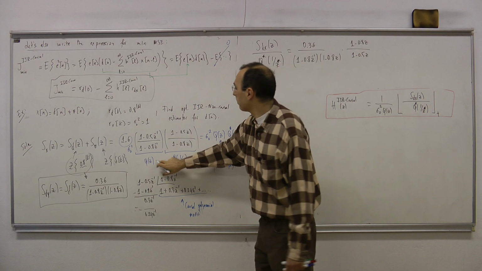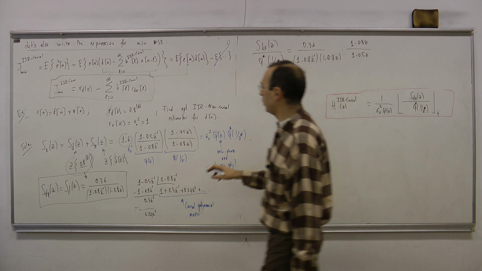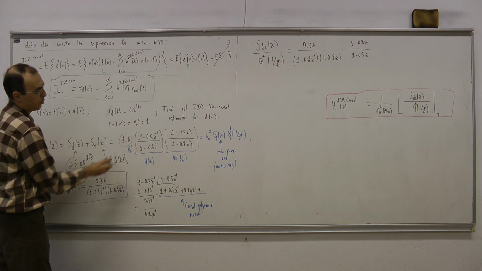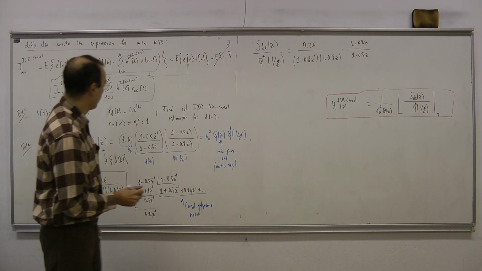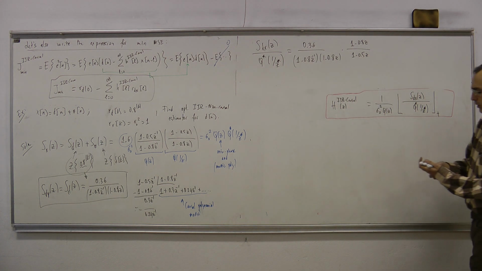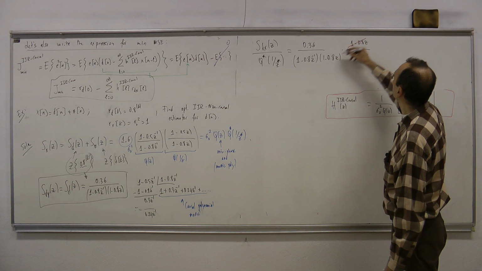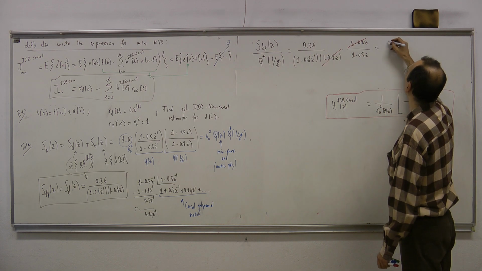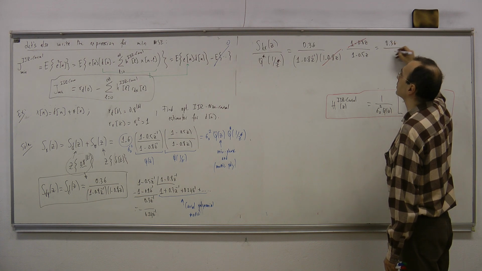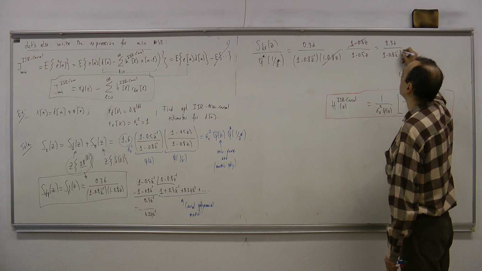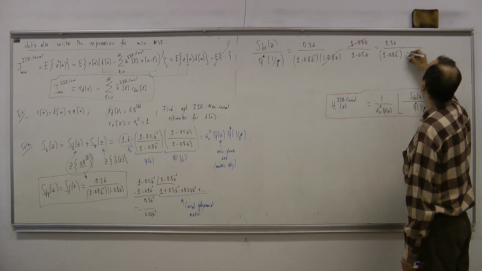Q is this. I'm putting 1 over Z for Q, and writing its reciprocal because I need 1 over Q. So we see cancellation of this with this. So this is 0.36 over 1 minus 0.8 Z inverse times 1 minus 0.5 Z.